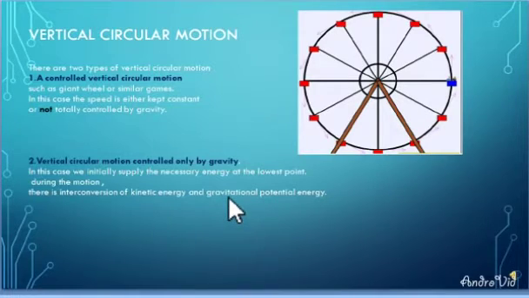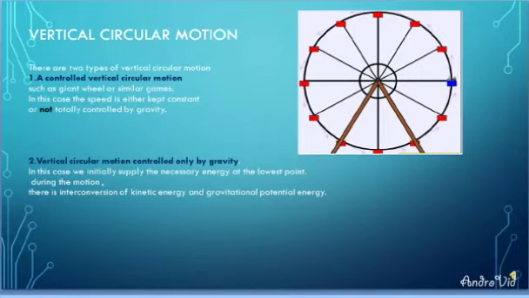If we tie a ball or bob to a string and whirl it vertically, it is an example of vertical circular motion controlled by gravity. Here we give some energy to the string, so it performs vertical circular motion.